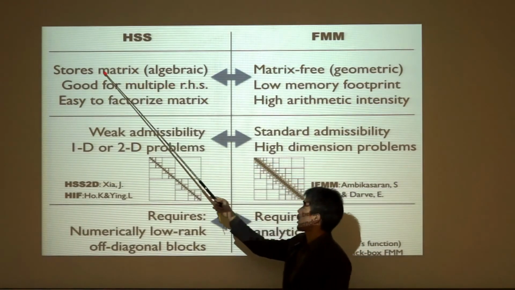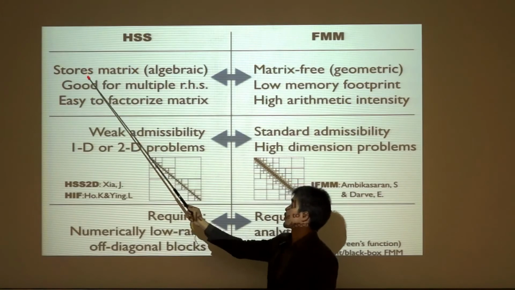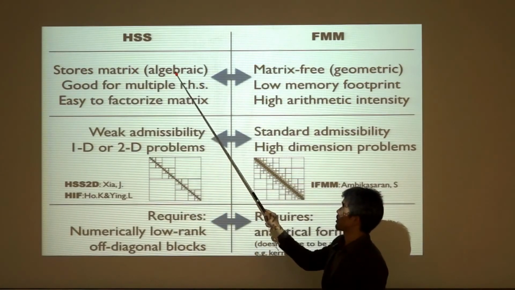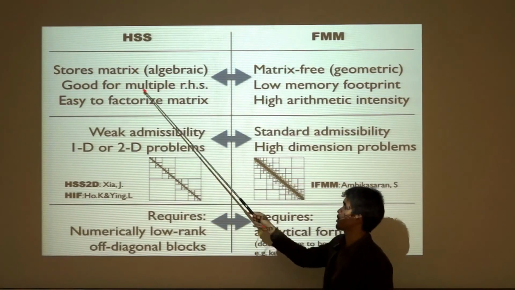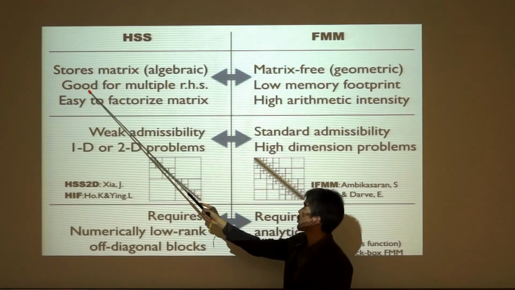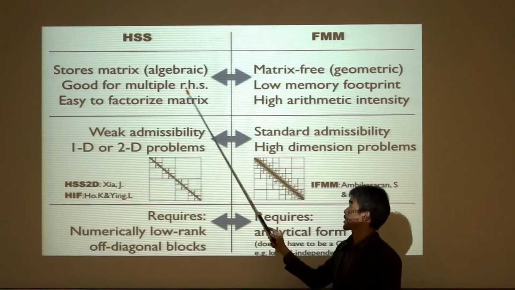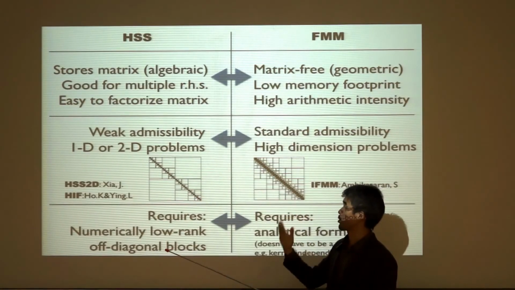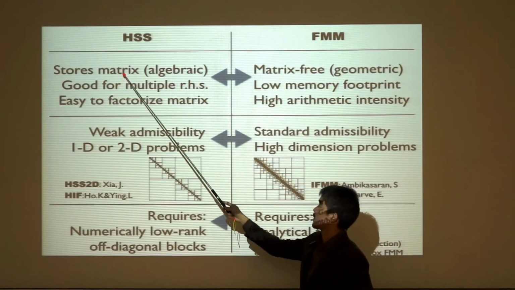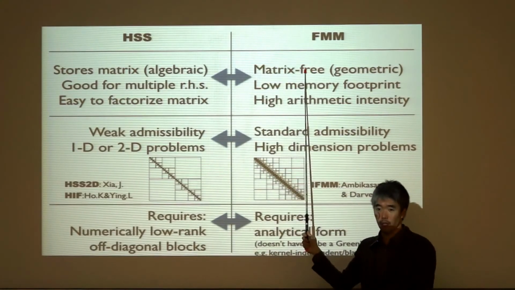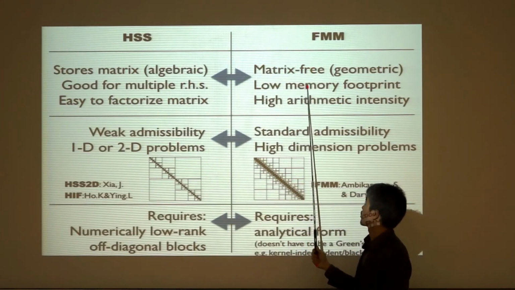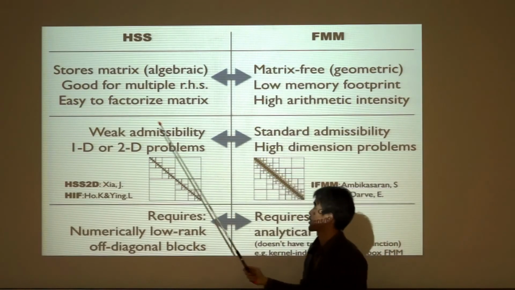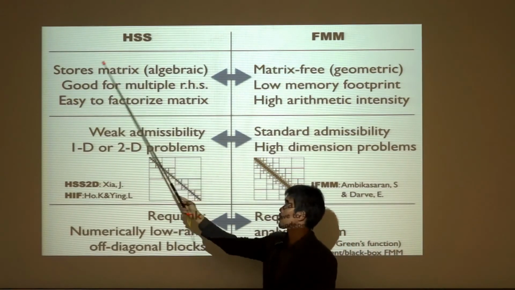And then for the matrix version, it stores the matrix. It does very similar calculations, but then it stores the matrix. So if you have many right-hand sides or many vectors that you want to multiply the same matrix to, then the FMM will have to recalculate the entries every time you want to apply. So it would potentially be wasting a lot of computation. However, this one will just store the matrix.